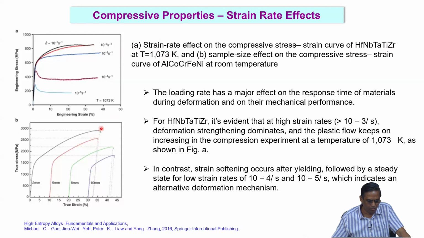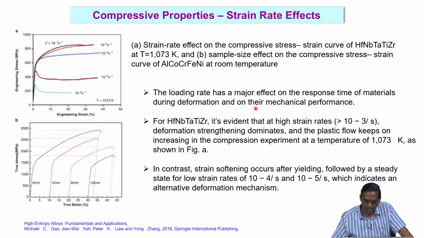And we will also talk about sample size effect later. Suppose I have different sizes in terms of thickness or variation in the diameter of the cylinder if I keep on increasing. This is also very important. First we look at the strain rate effect.